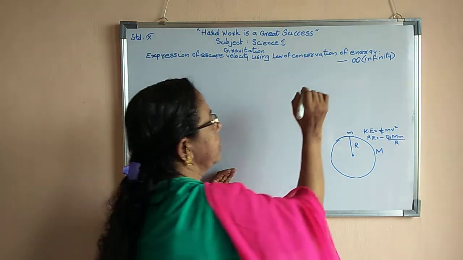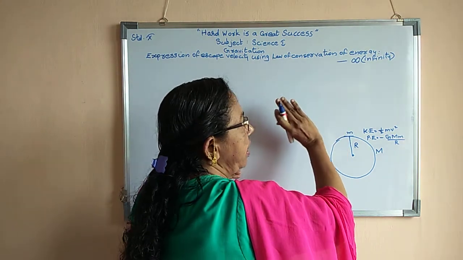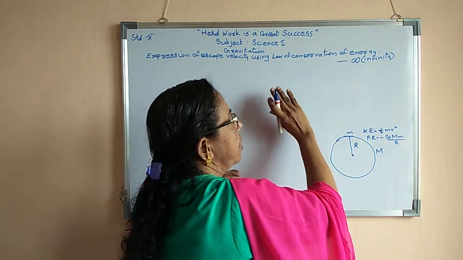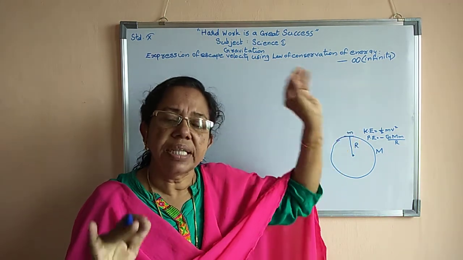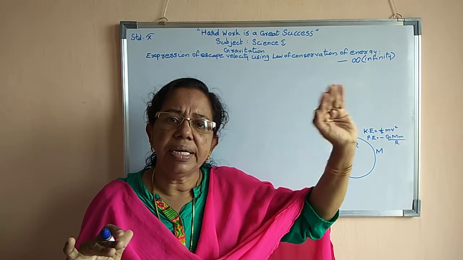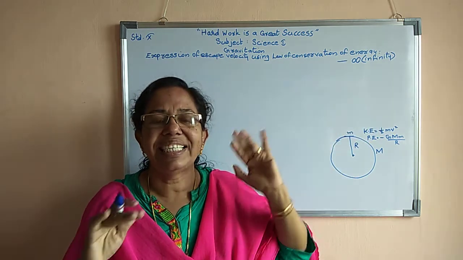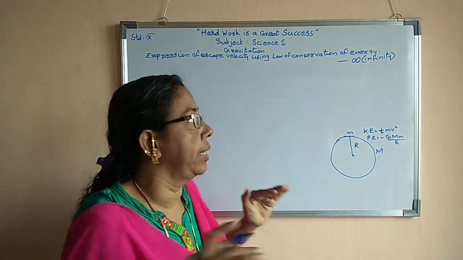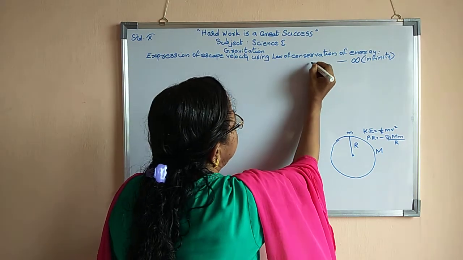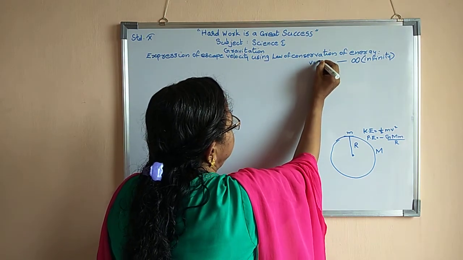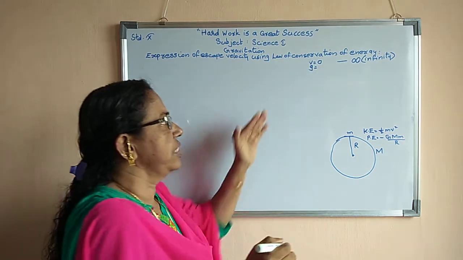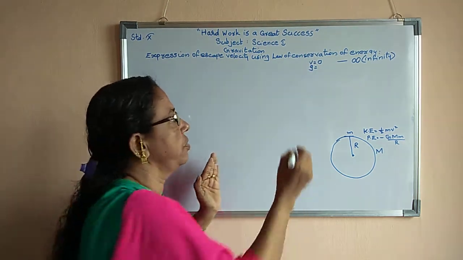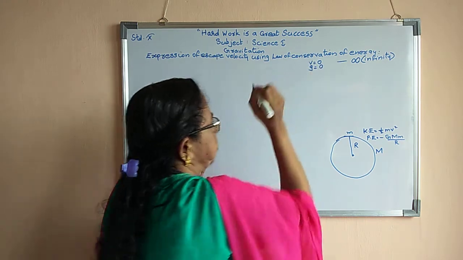Now once it is reaching there, there will be no gravitational force. There will be no velocity for that particular object. The object will remain in the stationary condition. Stationary means without any movement. So we can say that here velocity will be equal to 0, as well as g, that is the gravitational force exerted by the earth, will also be equal to 0.